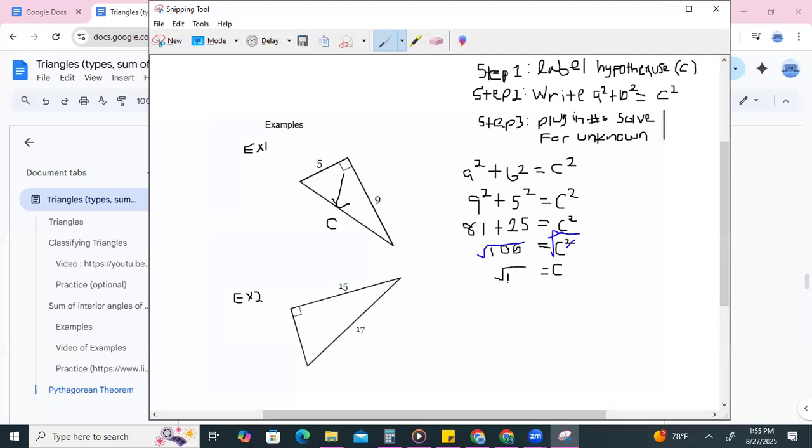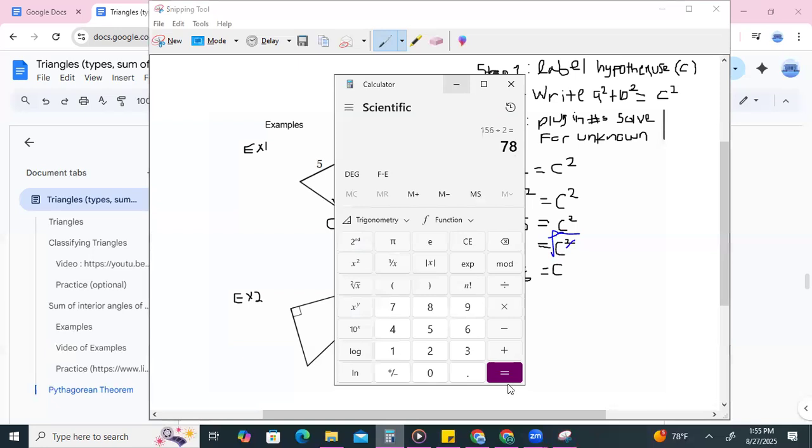You can use your calculator to get an approximate value. So we're going to use our calculator here and type 106 and click here to get the square root, which we're going to round to the hundredth place.